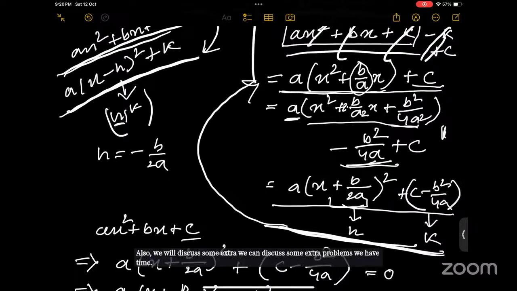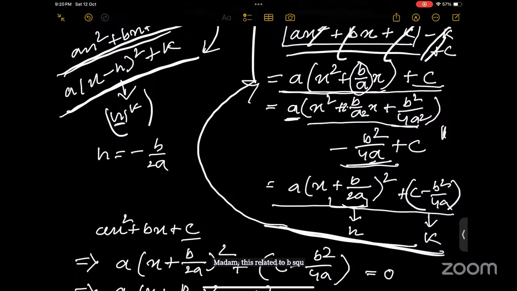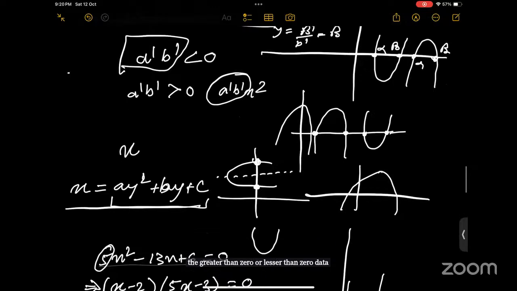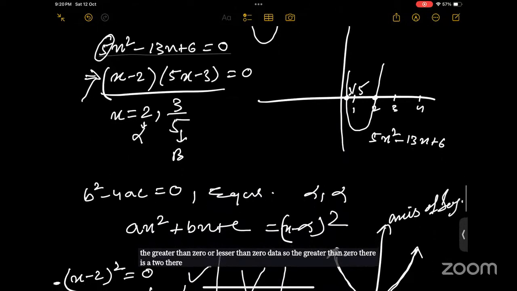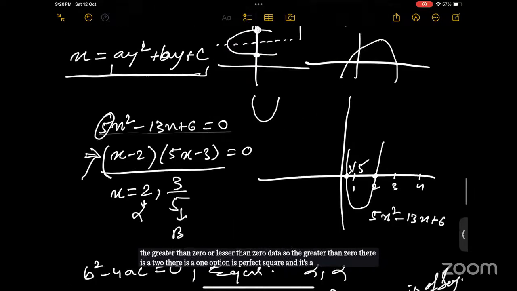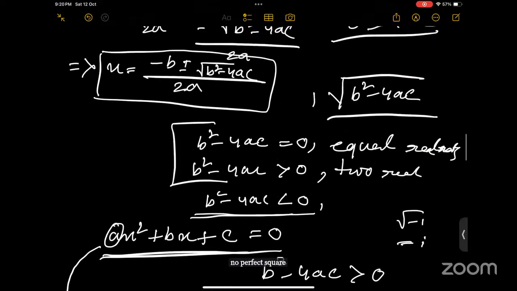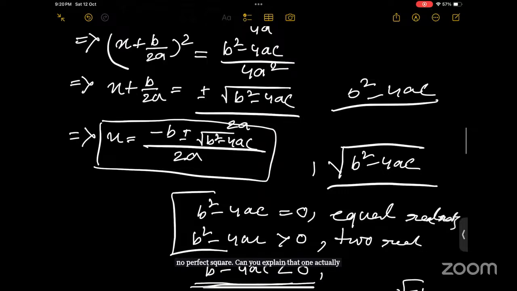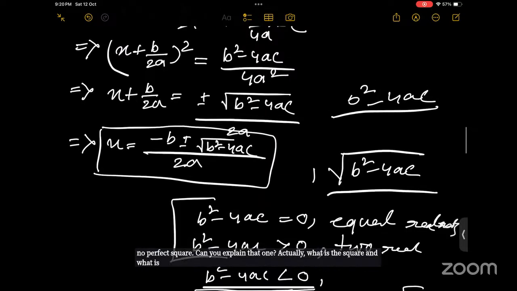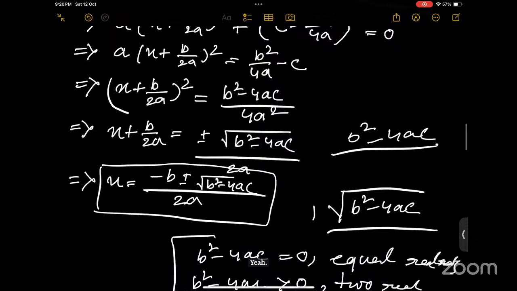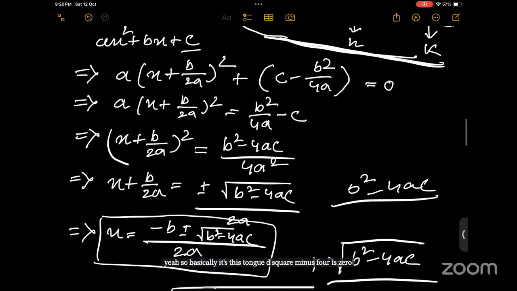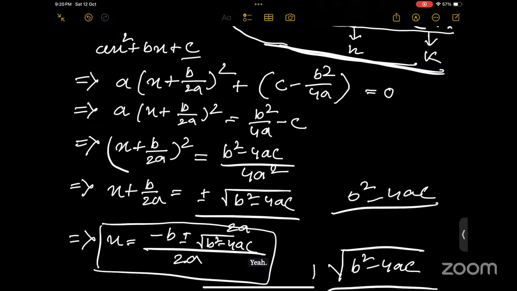Madam, this is related to b squared minus 4ac, greater than 0 or less than 0. For greater than 0, there is one option that is a perfect square and one that is not a perfect square. Can you explain that? So basically, if this term b squared minus 4ac is 0, then this term is 0.